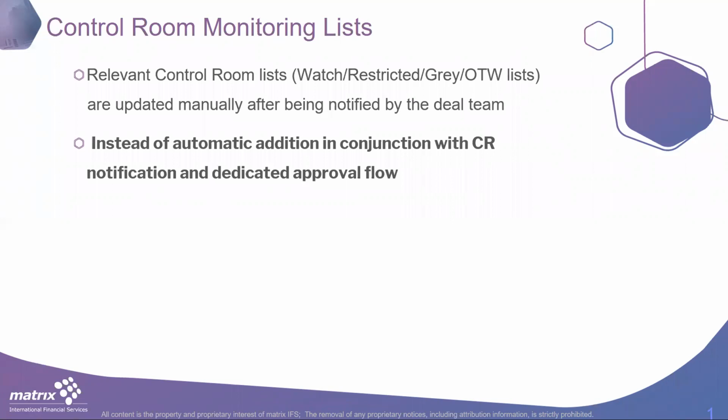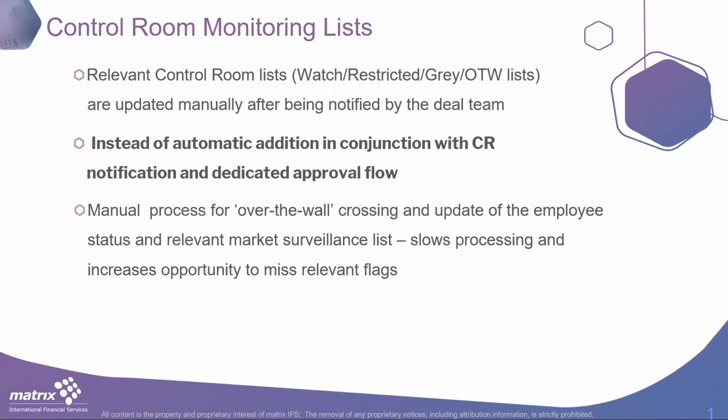There is also, from a list perspective, the very tedious process of adding employees over the wall and crossing them so they can have access to the information needed on the deal. We've seen this as a very manual process right now, and often a very difficult one, because there is no access to the HR systems and no access to the different control room systems to add this.